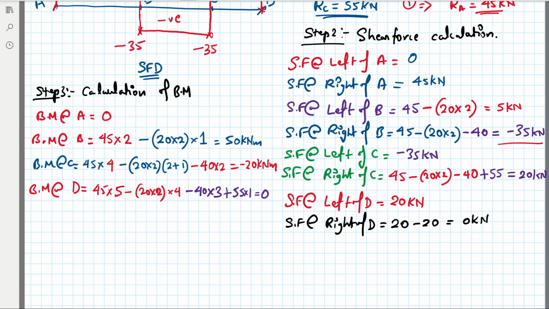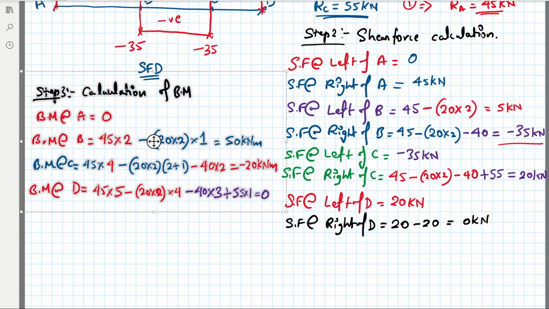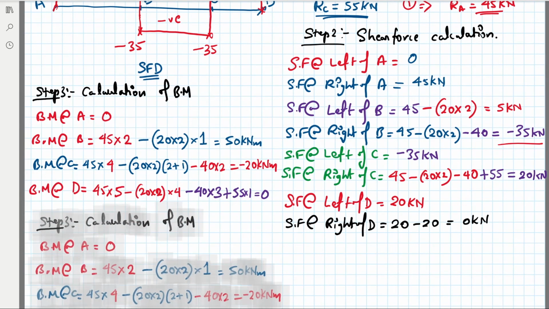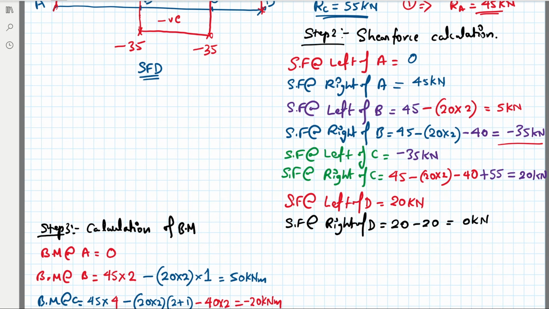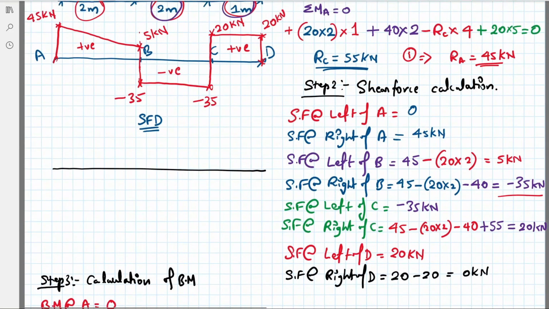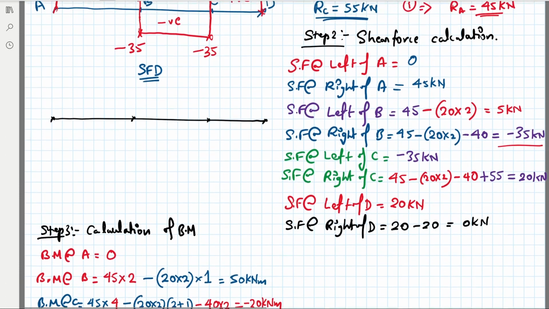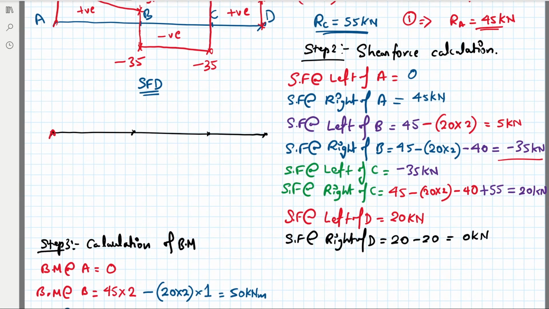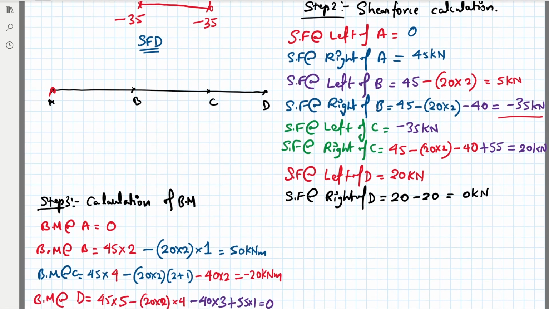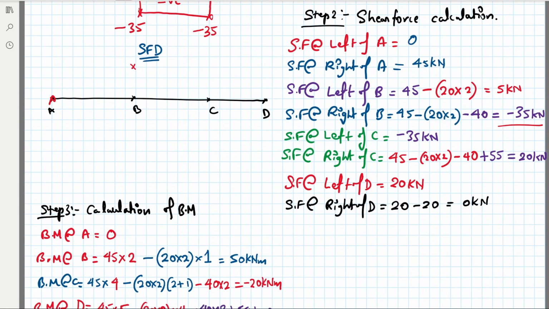So I am going to draw the BMD for these values. We have the beam like this, with different points: point A, point B, point C and D. At point A we have value 0, then at point B we have value 50 kilonewton meter, which I will mark somewhere here.